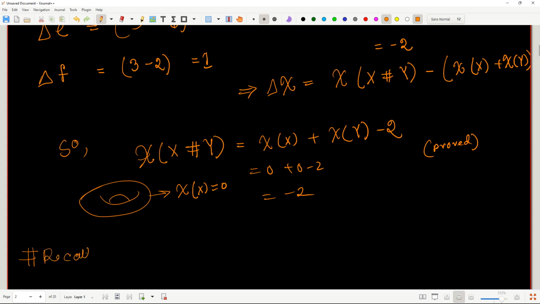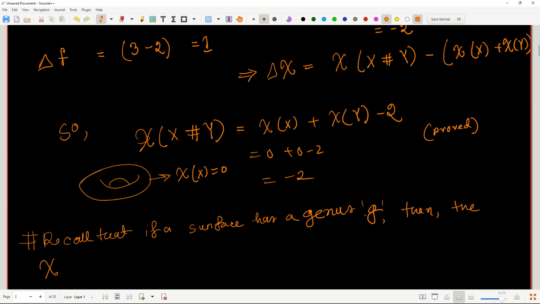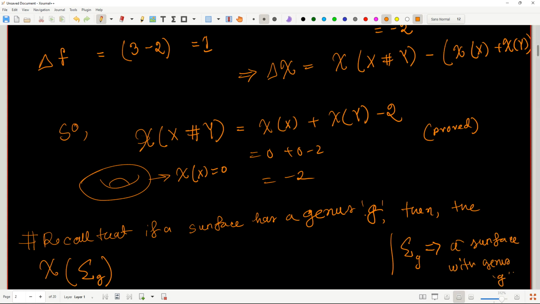And if you recall that I made a comment, recall that what I said is that if a surface has a genus G, then the Euler characteristic of that surface, which is denoted by chi of sigma of G, where sigma of G means a surface with genus G, will be given by 2 minus 2G.